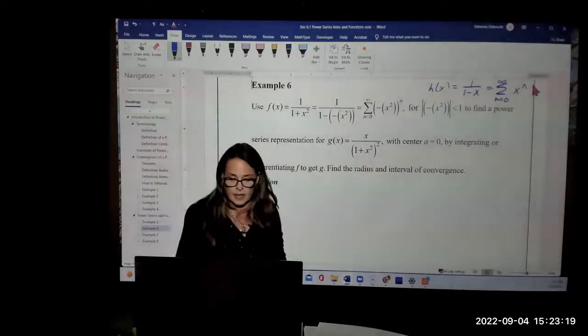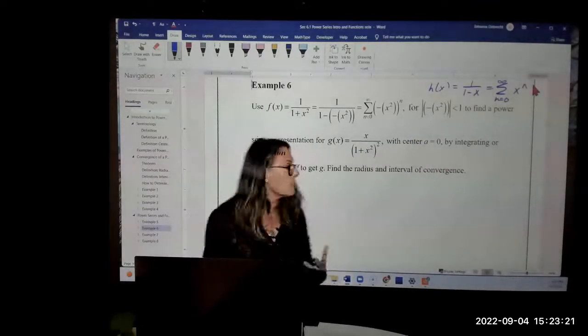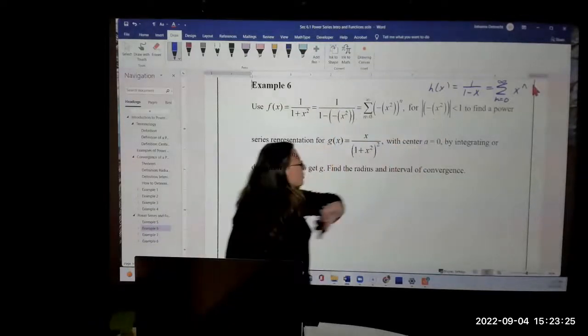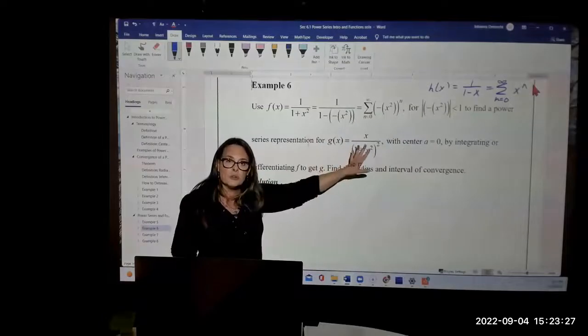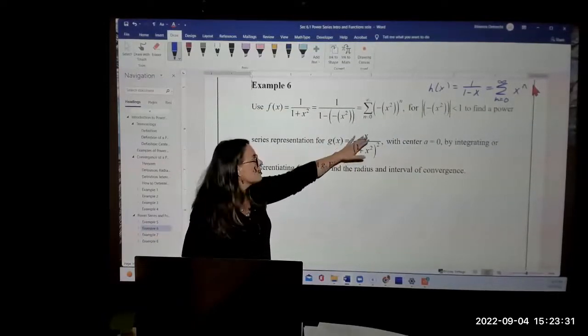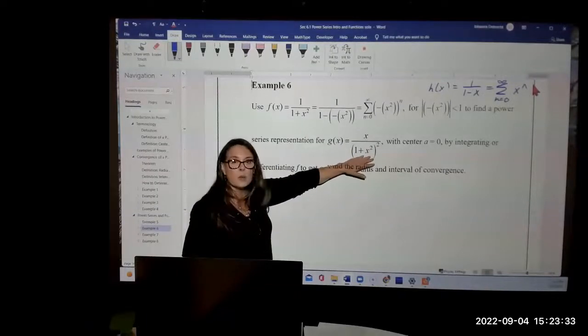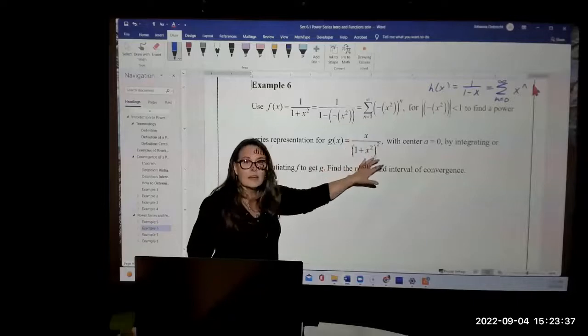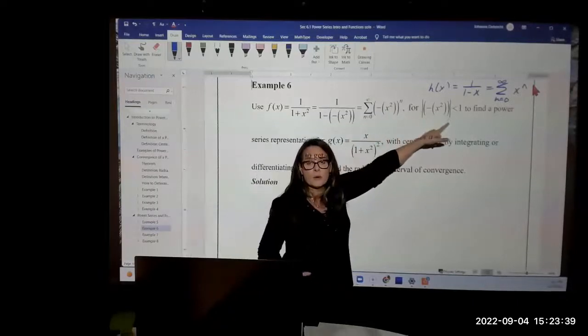So let's go ahead and start doing this work. So I hope that you followed why this has to be true. And we want to use that information now to find g of x, which is x over the quantity 1 plus x squared, squared. Now this cannot be written in that form.